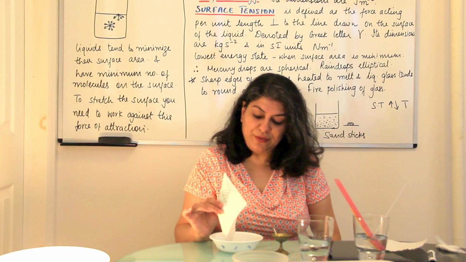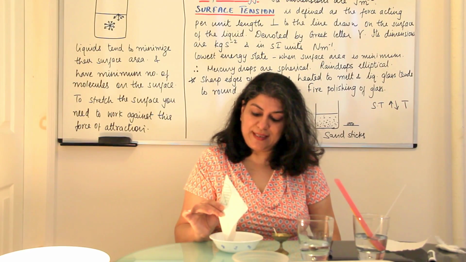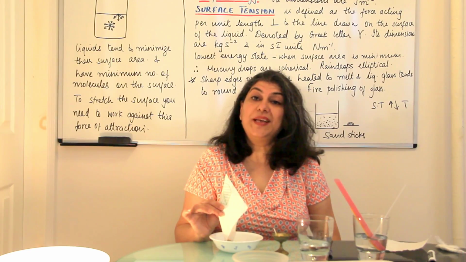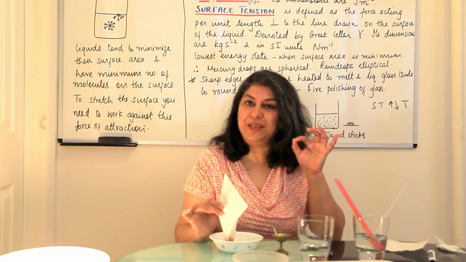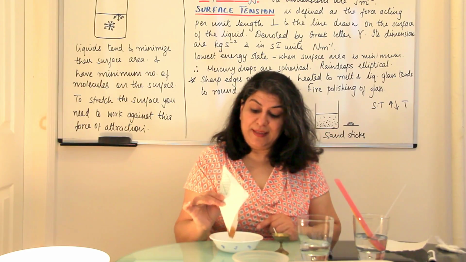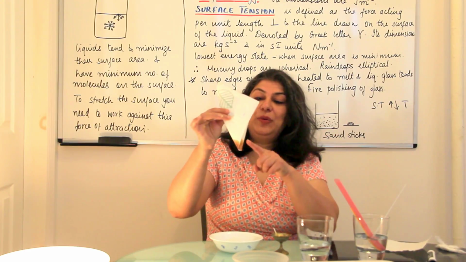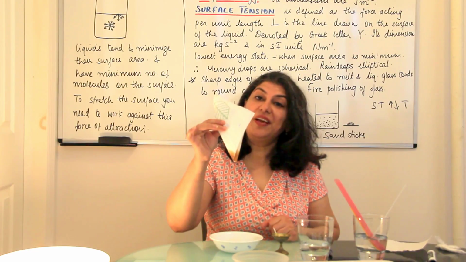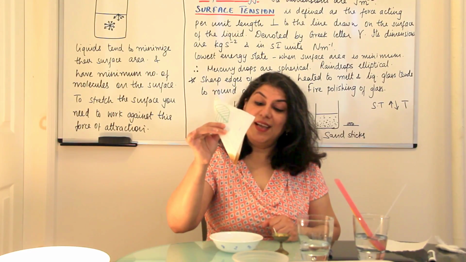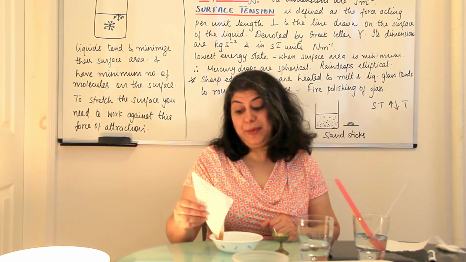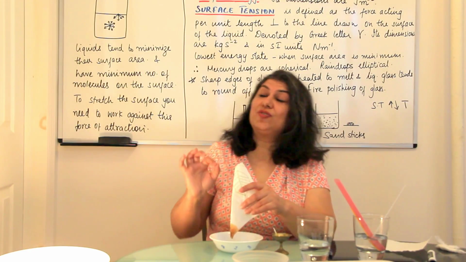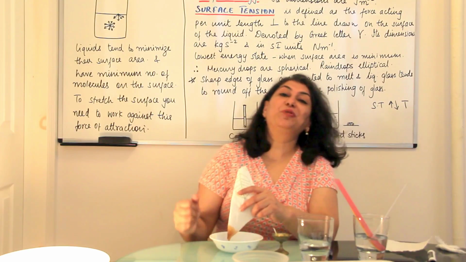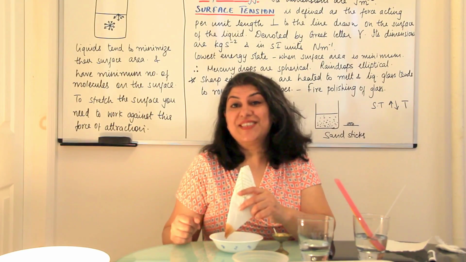You would observe that the liquid starts rising, it starts wetting the tissue. I just dipped the tip into it, but I find that now the liquid has risen to a much higher level. So this is also due to capillary action, and all of this can be explained on the basis of this one property that I'm going to tell you about today, that is surface tension.